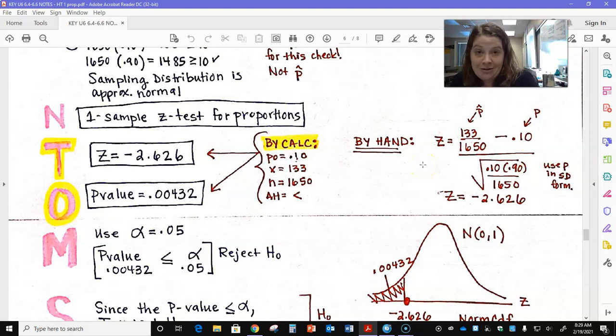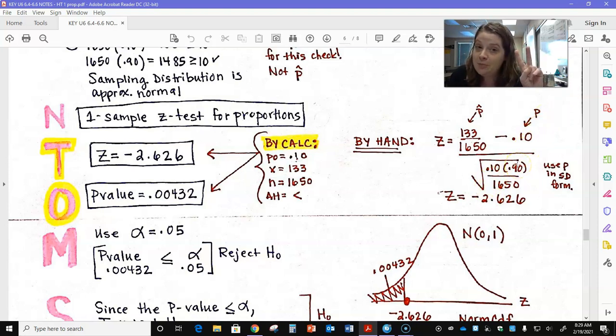I'm calculating a z-score. It's a z-test, so I'm going to calculate a test statistic of z. I take the statistic, the number from the sample, p hat, 133 out of 1650, minus the parameter, which was p, 10%, divided by the standard error of the statistic.